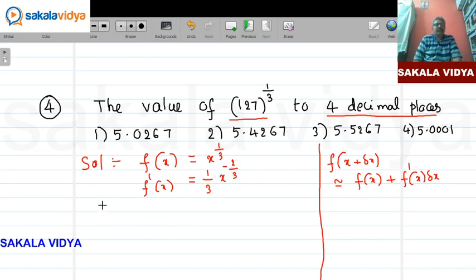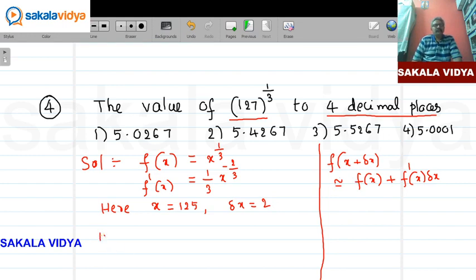Now here we need to find out what is x and what is delta x. X means the nearest perfect cube to 127 is 125, because the cube root of 125 is 5, that you can find out. This value 127 is more than 125 by 2, that is the error, delta x is equal to 2. Now substitute in this formula.